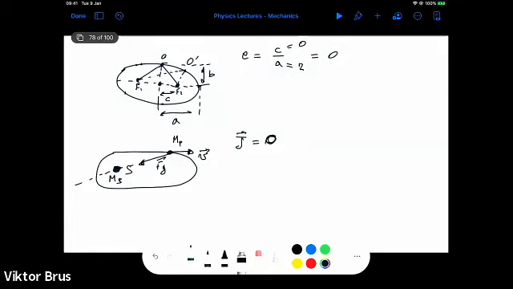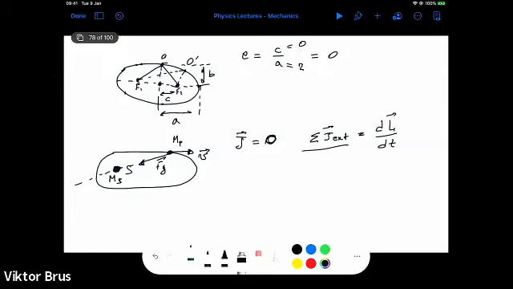So we know from the law of conservation of angular momentum that the total external torque is equal to the change of the angular momentum over time.